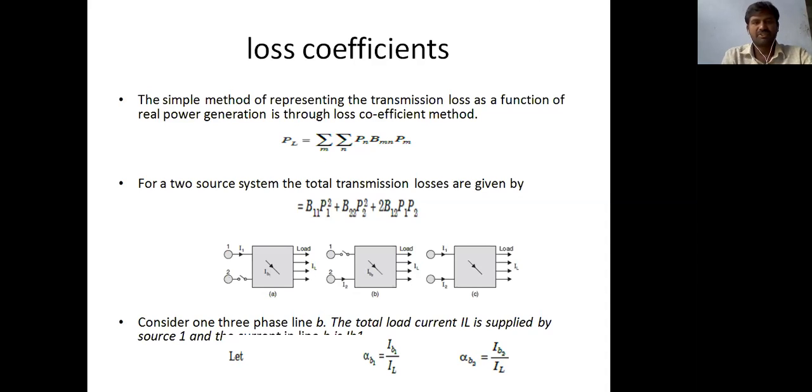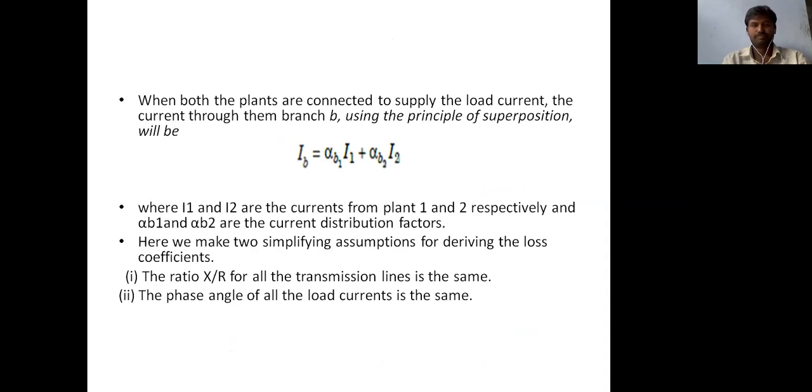So in this PL equation, M is replaced by 1 and N is replaced by 1, so P1 into P1 is P1 square, with B11. Then PL equals B11 P1 square plus B22 P2 square plus 2 into B12 P1 P2.